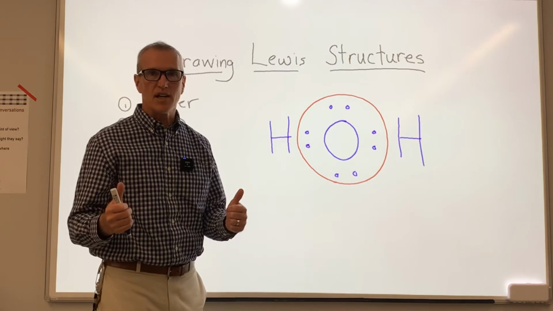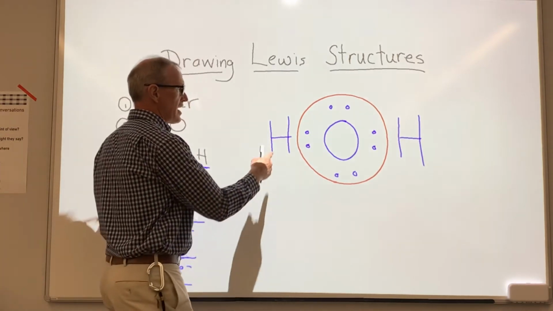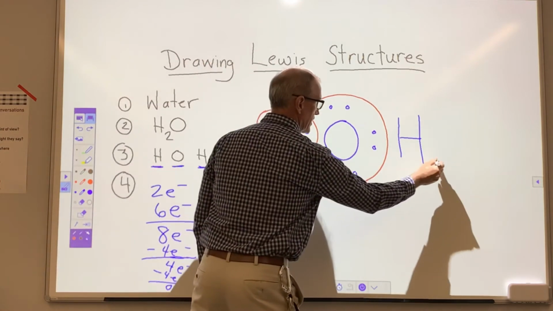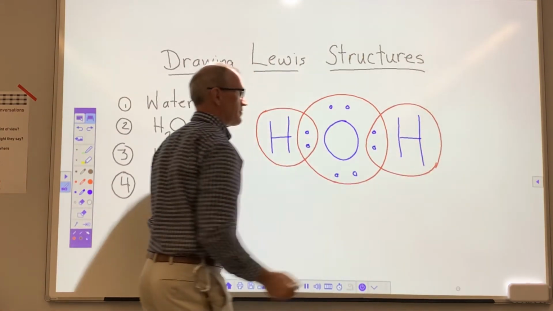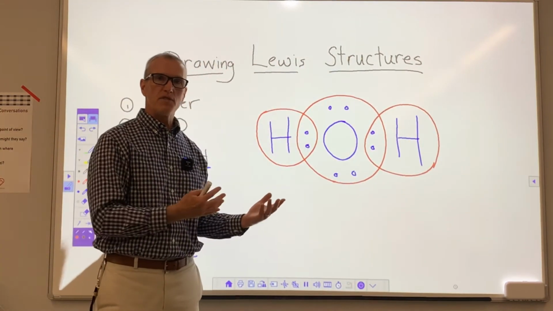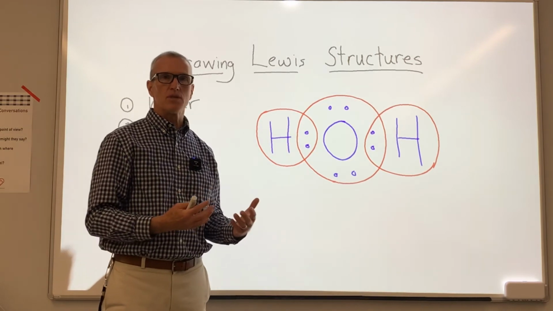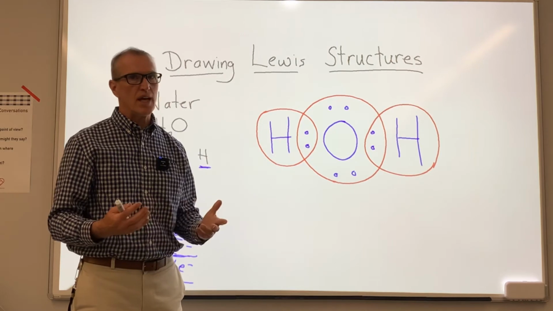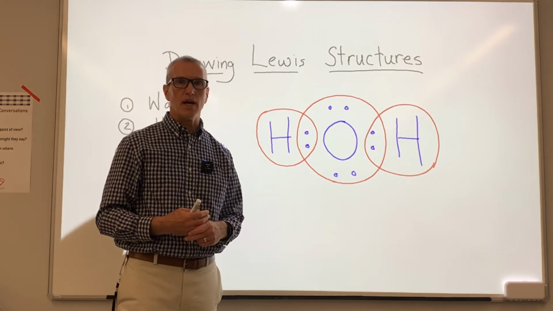It gets the octet just like a neon atom, and each hydrogen ends up with 2 valence electrons. So effectively, we've shown how each of the atoms in the molecule has achieved the noble gas configuration, which again is the ultimate goal for all atoms.